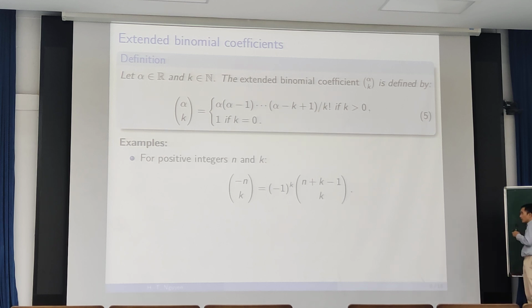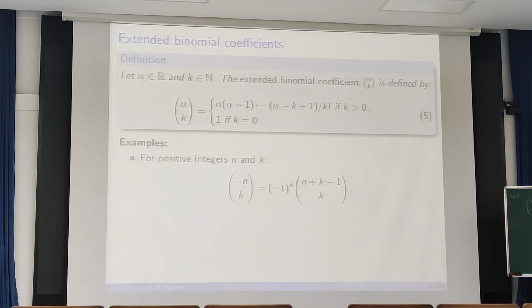Okay. So for negative integer n, if we apply the formula, then we get minus n choose k. We have alpha here is minus n, times minus n minus 1, and so on, times minus n minus k plus 1, divided by k factorial, for k a positive integer.